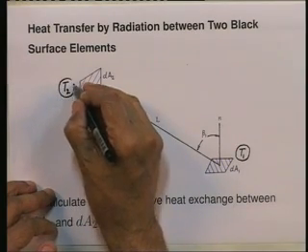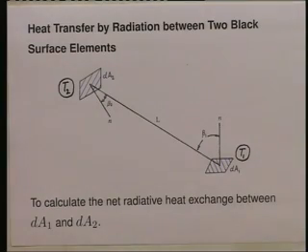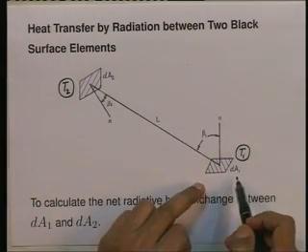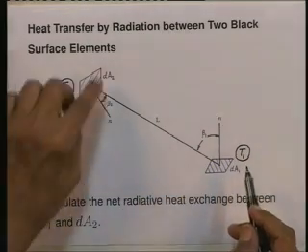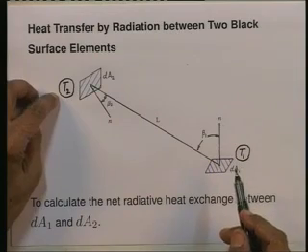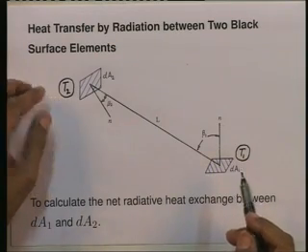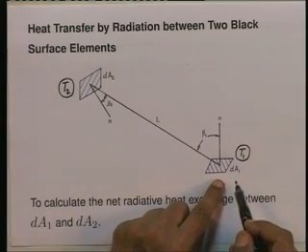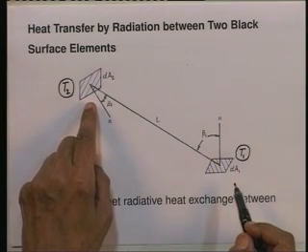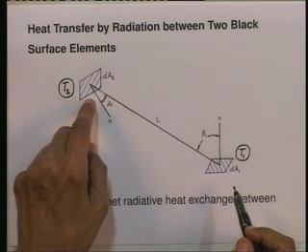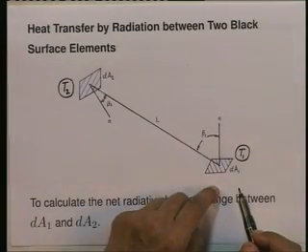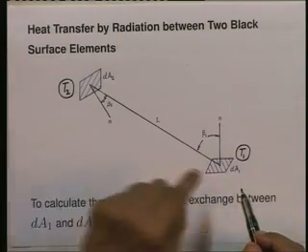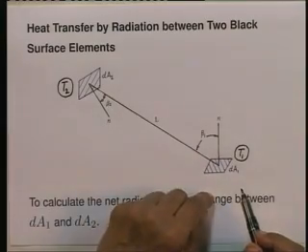Both of them are maintained at these absolute temperatures T1 and T2. So, obviously, dA1 is going to emit radiation by virtue of being at T1, and dA2 is going to emit radiation by virtue of being at T2. Some of the radiation emitted by dA1 is going to go towards dA2, and similarly, some of the radiation emitted by dA2 is going to go towards dA1. That radiation is going to be absorbed by dA2 and dA1.